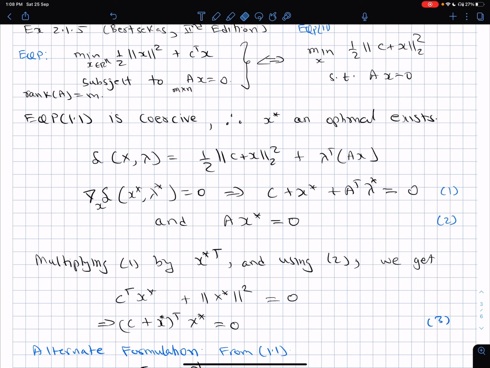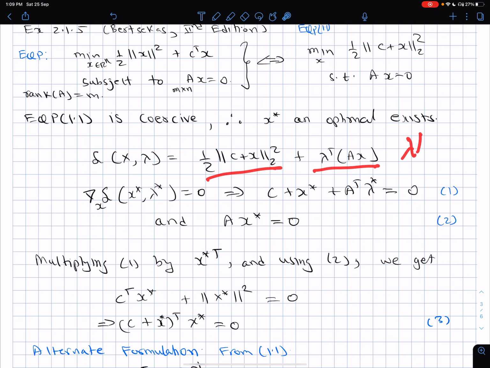So to find the minimum, the algebraic approach that I have been trying to teach is to first write the Lagrangian function. So we write the objective function plus lambda transpose times Ax minus 0, which is the constraint.